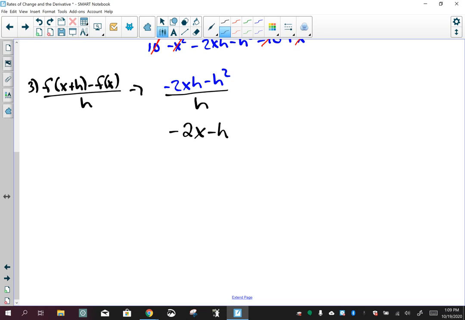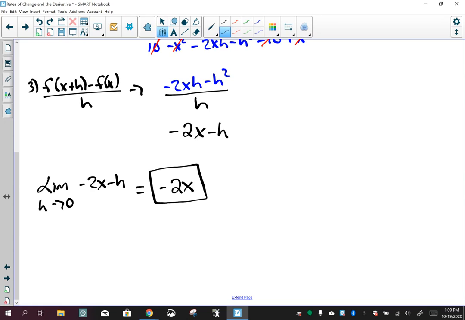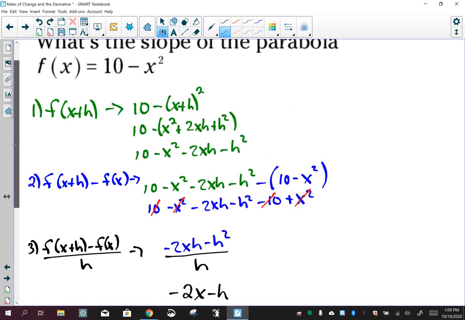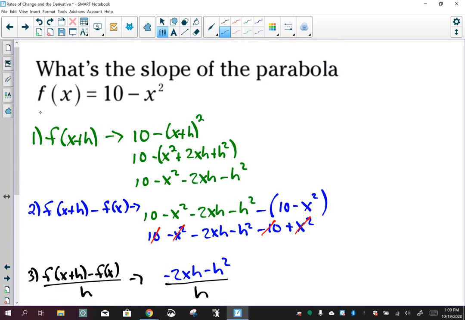So what I do from here is I say, okay, the limit as x approaches 0, not x, I lied to you, as h approaches 0, of negative 2x minus h is negative 2x. And this piece here, that is your slope equation for this specific parabola.